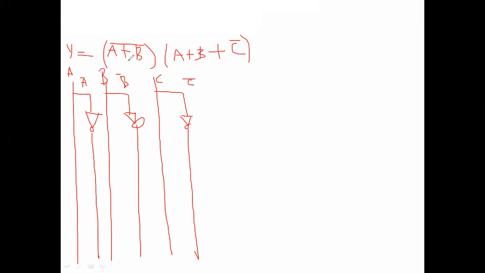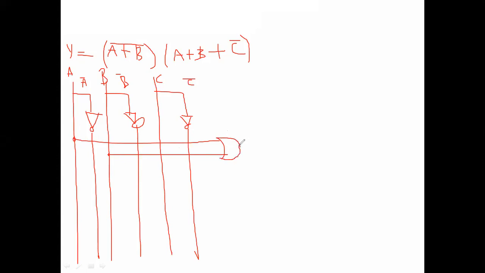Now see the expression. What is the first term? A plus B whole bar. So first draw for A plus B. A plus B means take A and B. This is A, this is B. Here highlight this point, that means just darken this dot here from where we are taking the line. A plus B means which gate is used? OR gate.